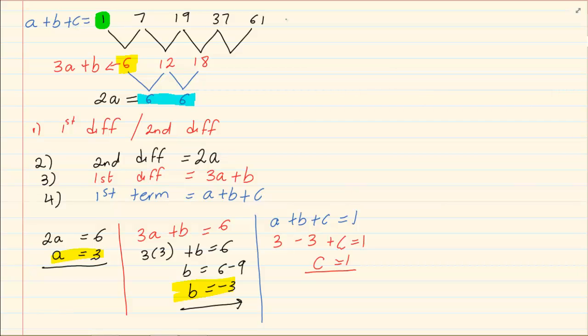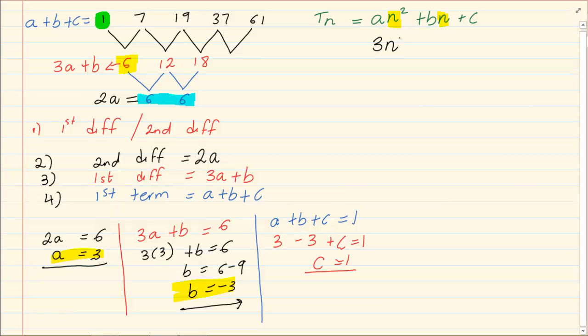What is the formula? The formula is going to be Tn is equal to the standard quadratic equation, which is an squared plus bn plus c. Now in quadratic equations, you know it as ax squared plus bx plus c. But because it's number patterns, we use n. So what was a? a was 3.